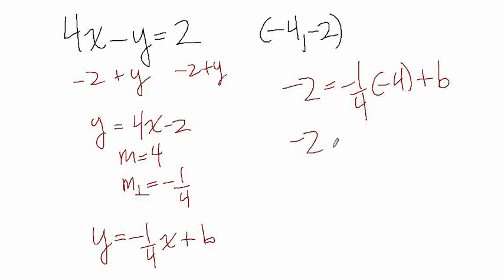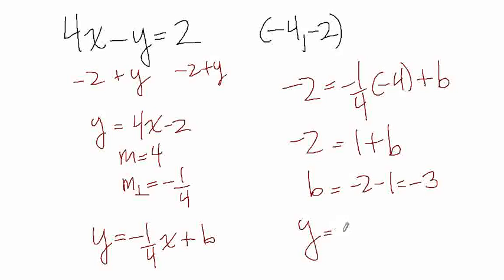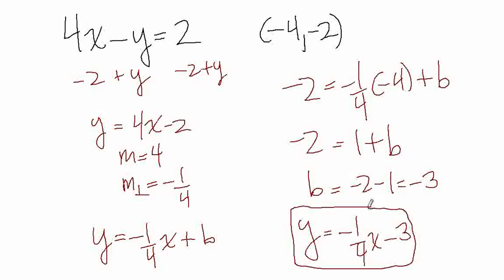So minus 2 equals 1 plus b. So b equals minus 2 minus 1 equals minus 3. Putting it all together, y equals minus 1/4 x minus 3.